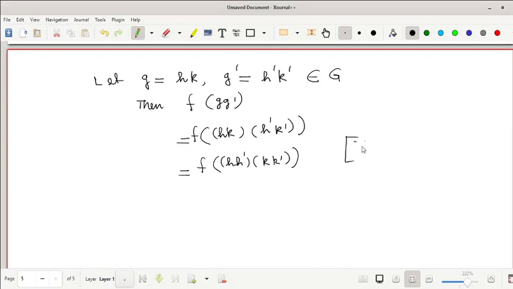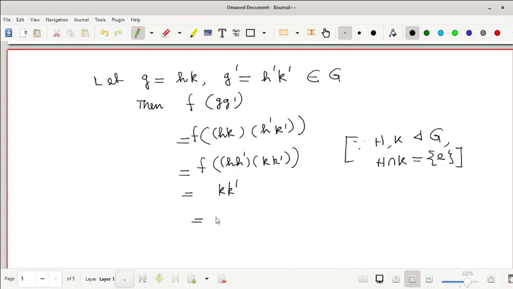The reason is, since H and K are normal subgroups of G, and H intersection K is the trivial subgroup because G is the internal direct product of H and K. This is equal to, by definition, simply k k prime.